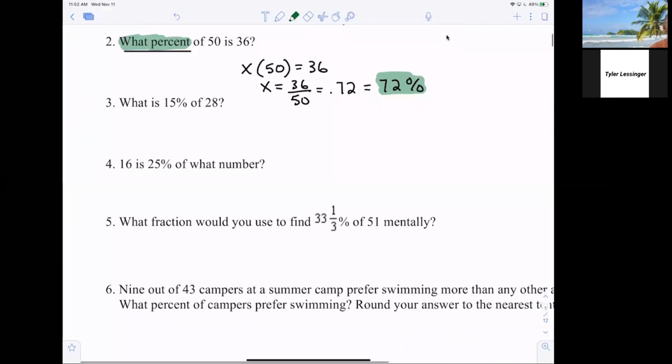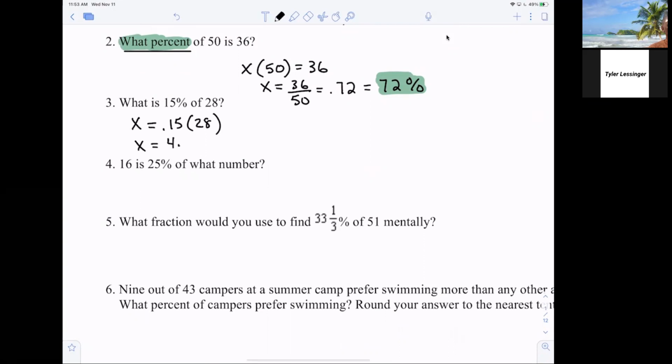Now, number three, what x equals 0.15 of means multiply. So x is equal to 4.2. Is everybody okay with that? Any questions?